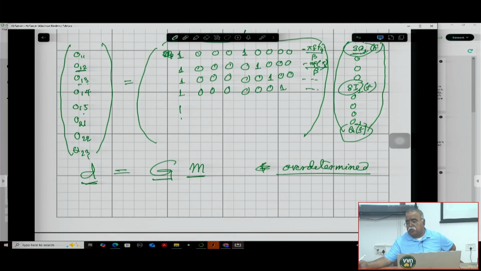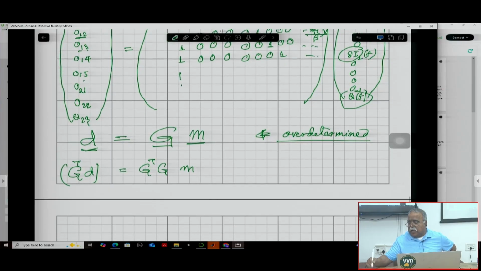If it is not a square matrix, we have to multiply both sides by GT, so this is the transpose of G. So if you do that, then you take the inverse of it. So then your GTG with your inverse, with your M, will be equal to GTD with your inverse value like this.